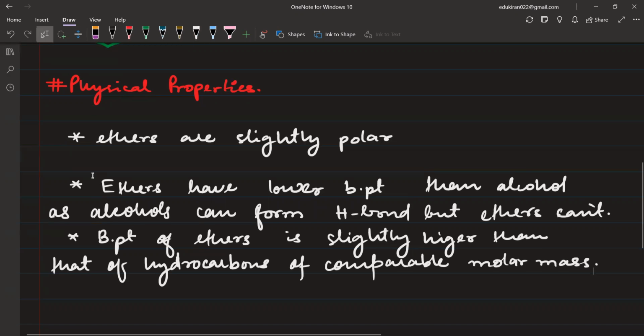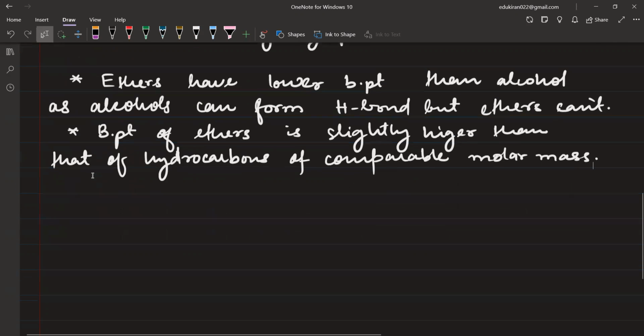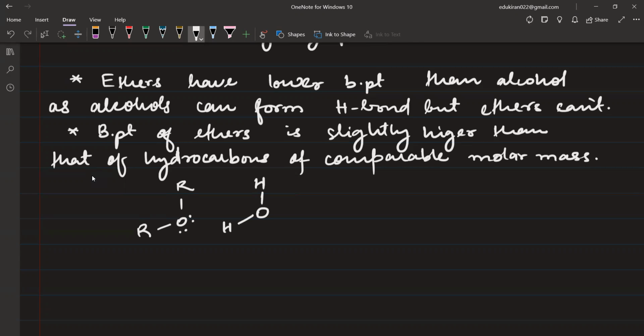Right, next point regarding the solubility. Now, when we look at solubility, an ether is R-O-R, another R group like this. We have lone pair electrons on oxygen. And if we check the solubility inside water, you will have hydrogen bonded to oxygen, and then another hydrogen.